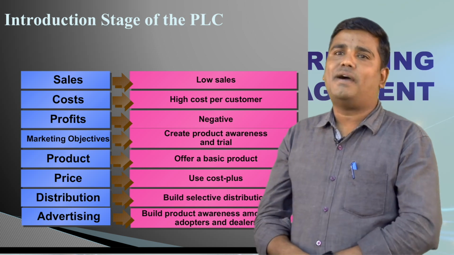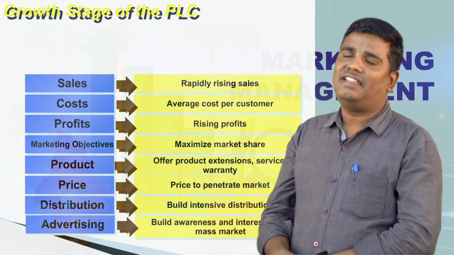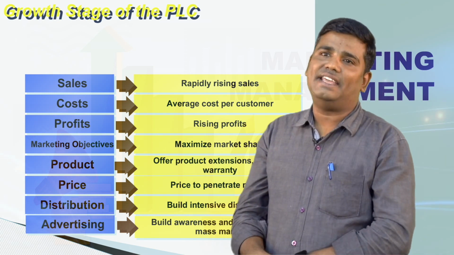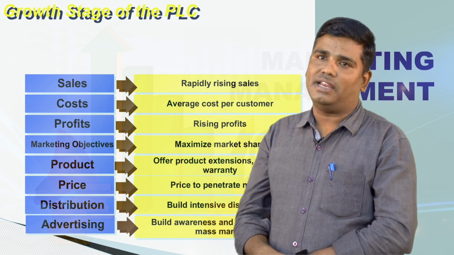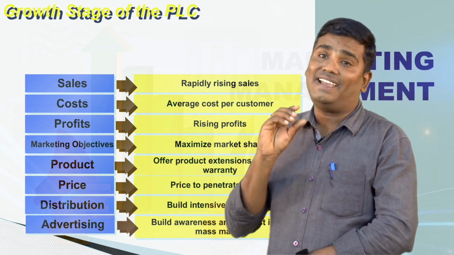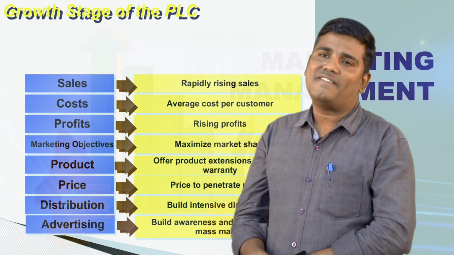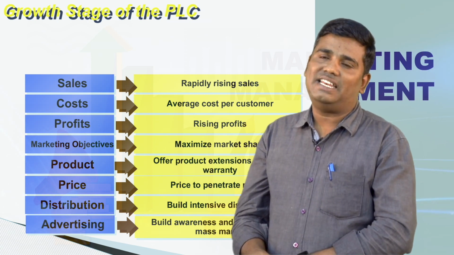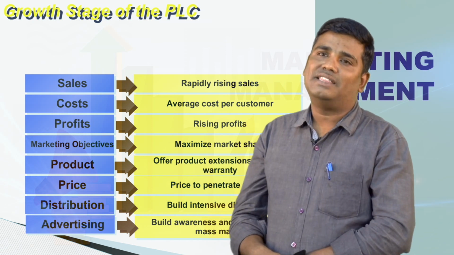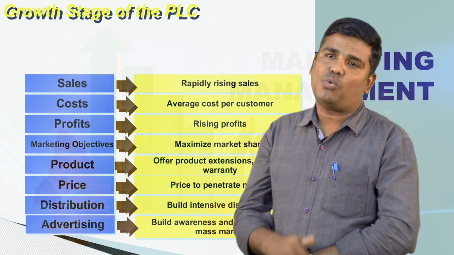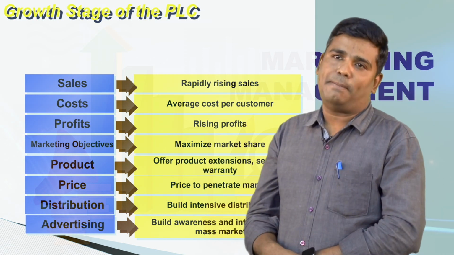And the second important stage, growth stage. As I said, the name itself indicates the product is gradually growing in the market. What is the indication for the product growth? The sales volume is a clear indication. It is clearly indicated by comparing the quarterly sales: the first quarter, what will be the reported sales, and the second quarter, what will be the reported sales.